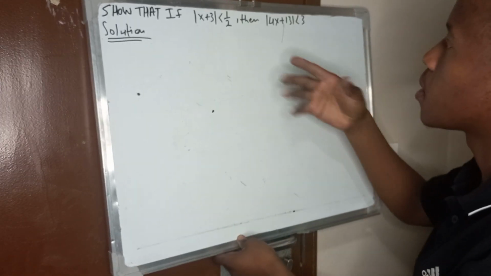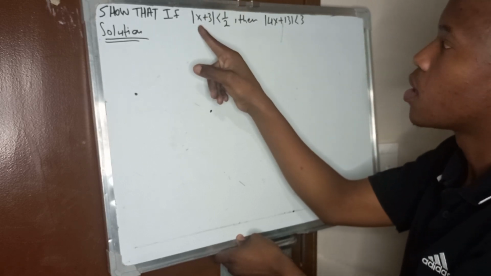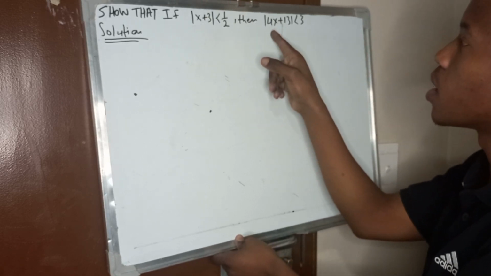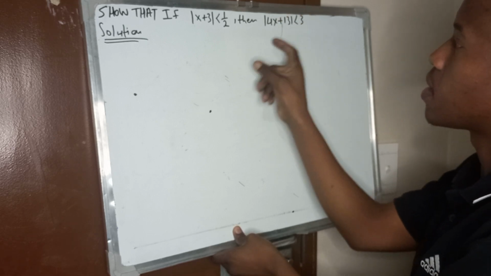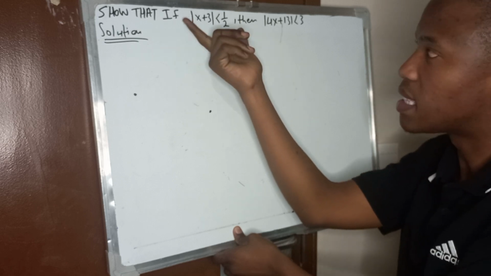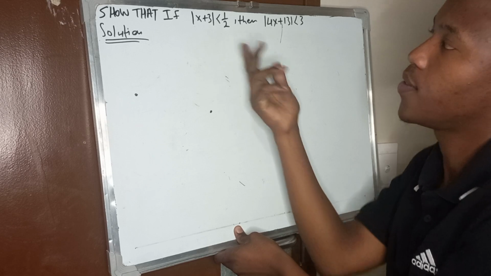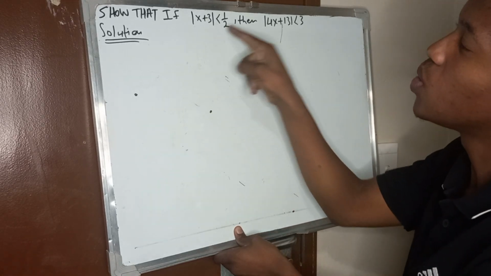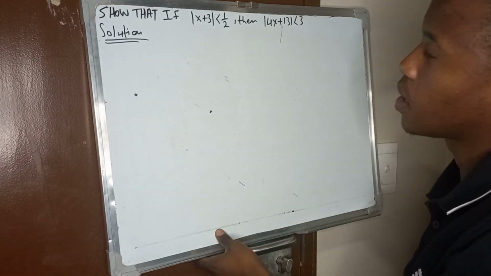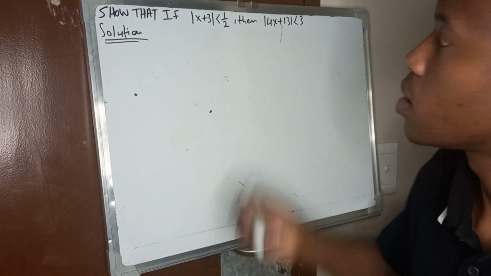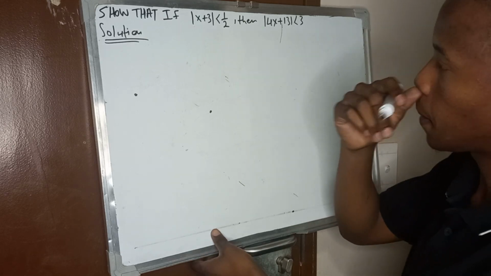In order to show this, you have to use this. If this, then this. This is an if-then statement. So you need to use this in order to show this, right? Okay, let me solve this problem.